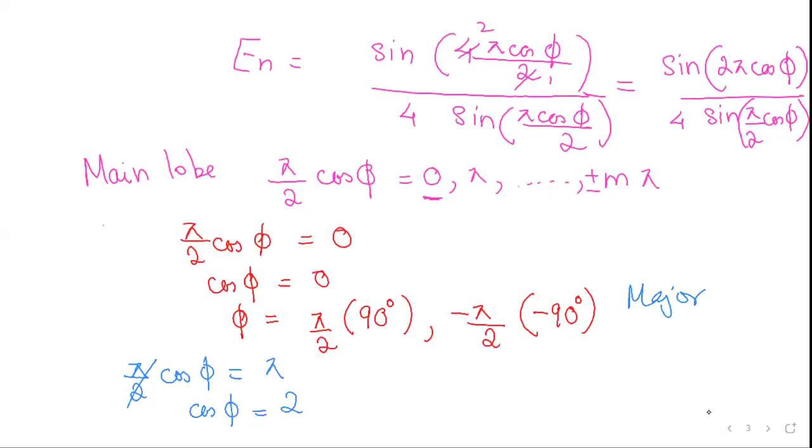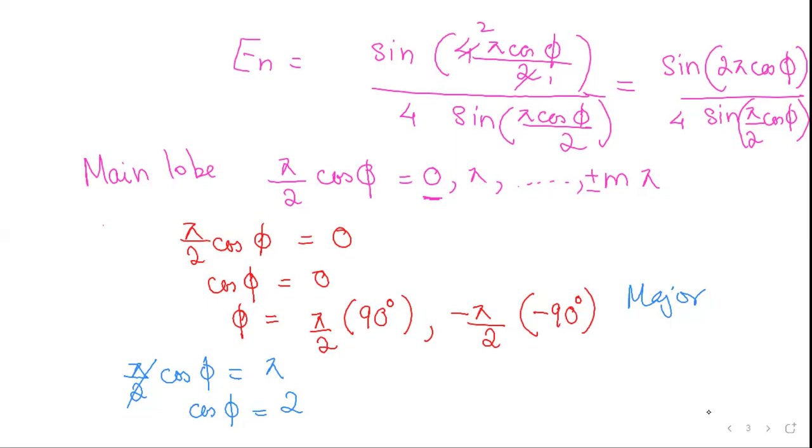Now going ahead with the next. Let us evaluate where the nulls are. Let's go back to our En. When will you get your electric field to 0 in a fraction? When the numerator becomes 0. Now, when will the numerator become 0? When sine of 2 pi cos phi becomes 0.